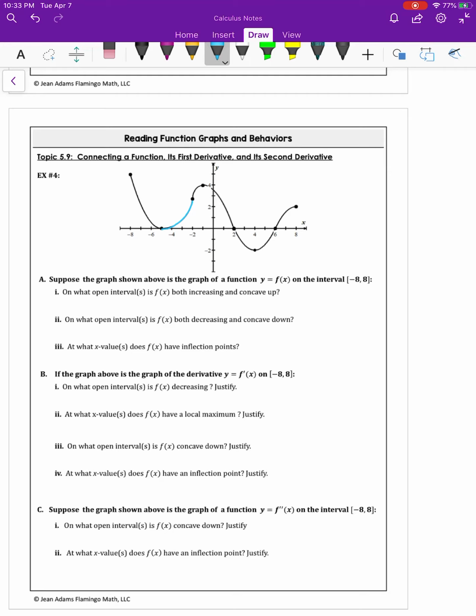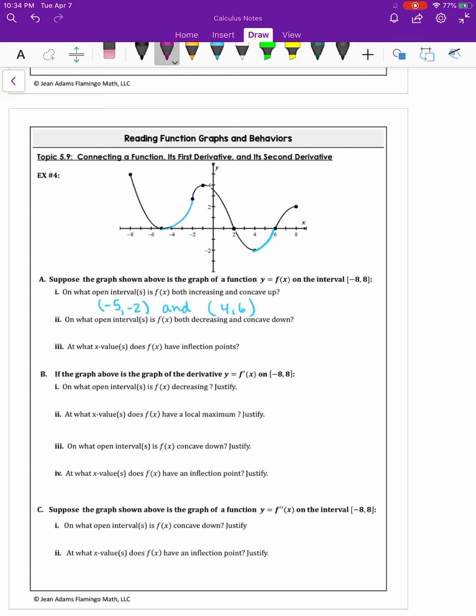I see this piece right there where it is increasing and concave up, and this little piece right here. So I'm going to say on the open intervals from -5 to -2 and from 4 to 6.